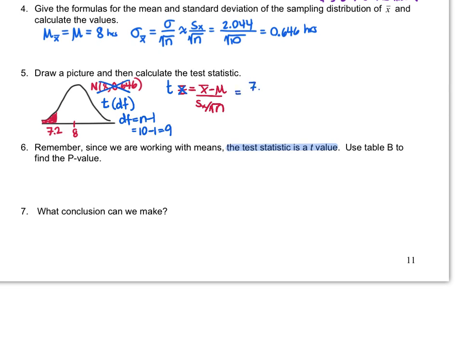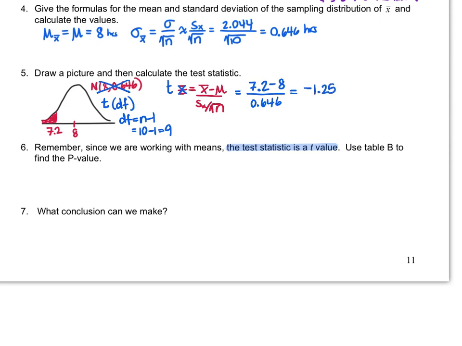We know our sample mean was 7.2, our null hypothesis parameter value is 8, and the standard error that we found in number 4 is 0.646. So that means our test statistic t is negative 1.25.